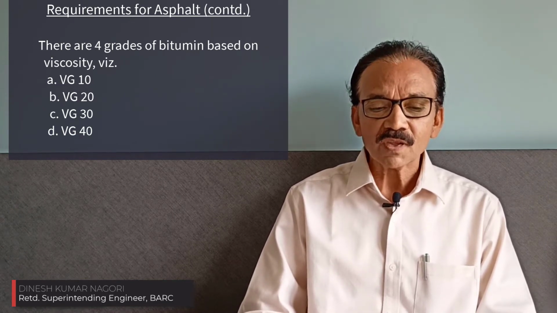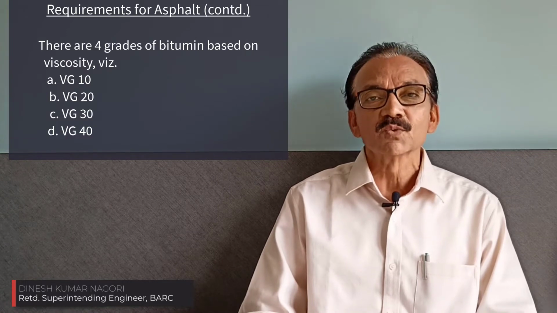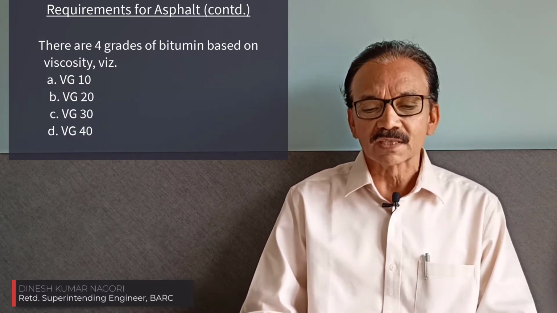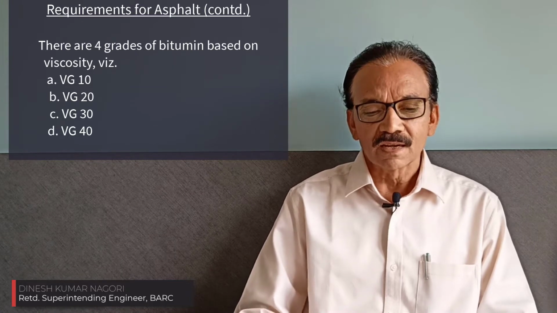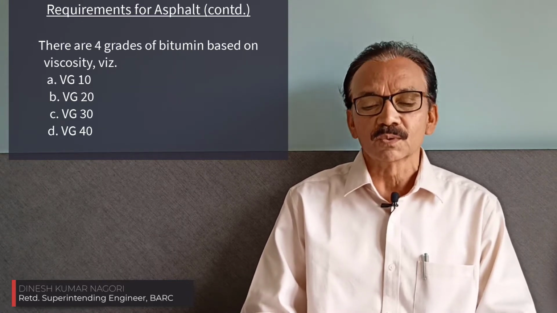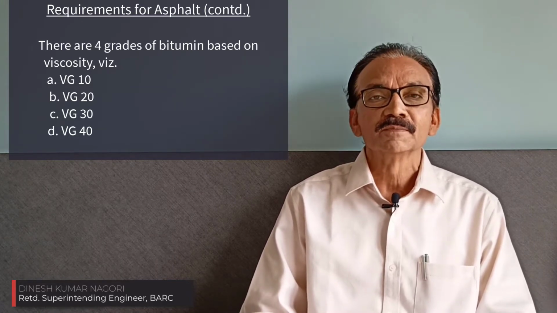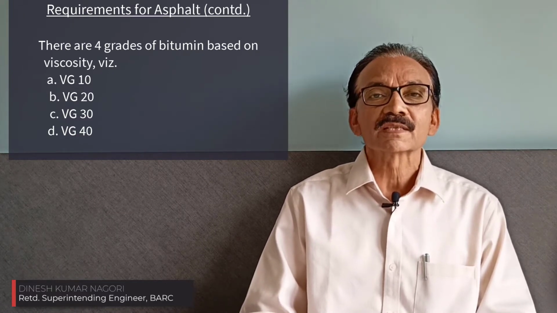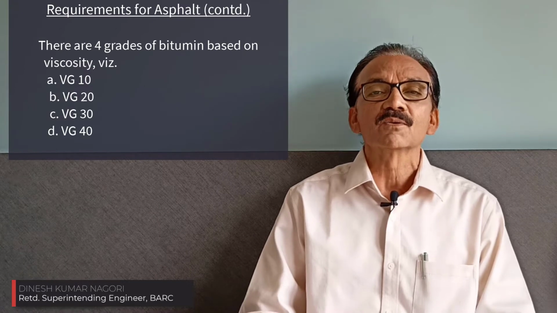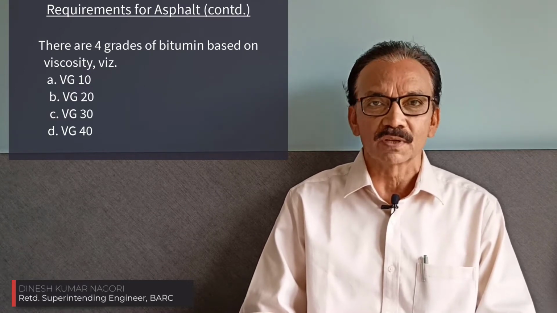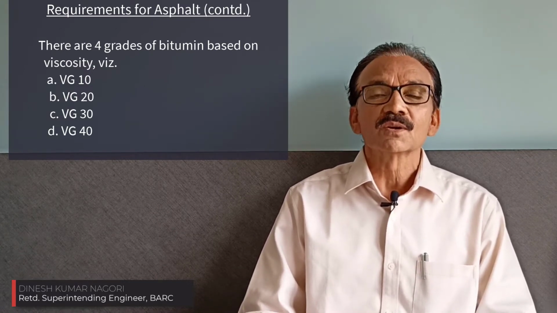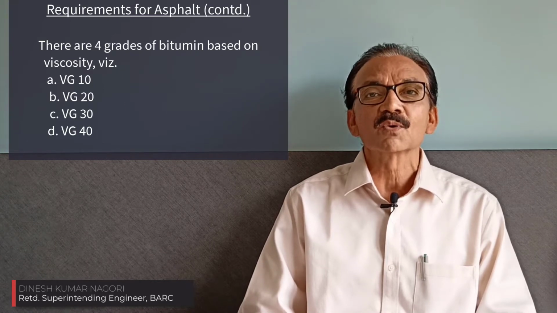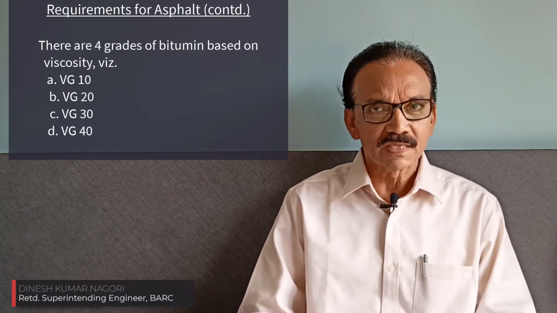Similarly VG20 is 60 to 80, VG30 is 50 to 70, then VG40 is 40 to 60. Our requirement for bitumen, let's say in the Mumbai area, is around 60-70 grade bitumen. Similarly for Delhi, if you want to do asphalting in that area, it is about 80-100 penetration. So this is the first requirement.